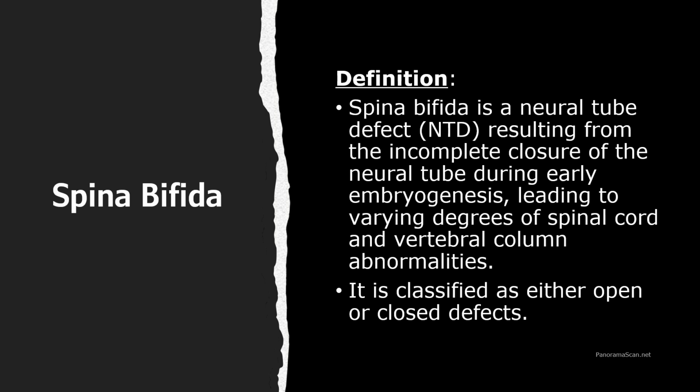Closed defects is the second type. These occur when the spinal cord is not exposed, but there may be other abnormalities in the spinal cord or surrounding tissues. Understanding the type and severity of spina bifida is crucial for management and prognosis.